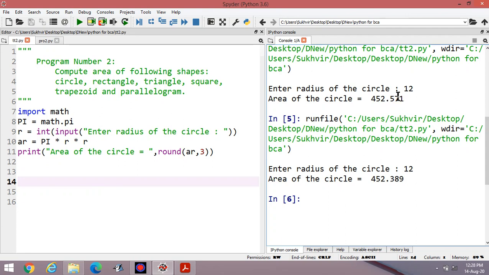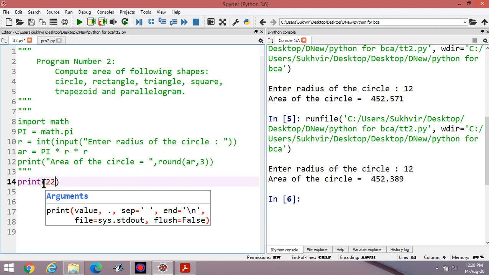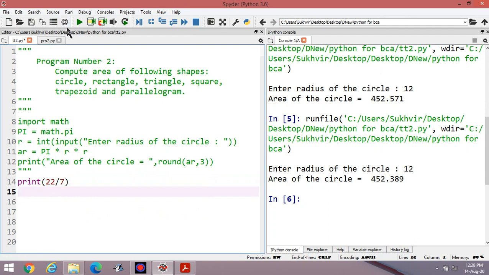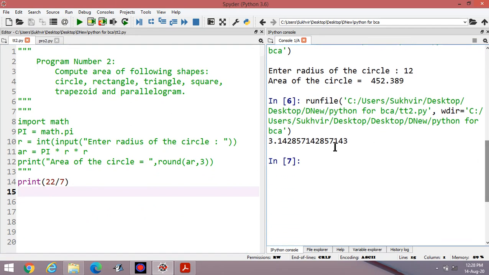Basically, what's happening here, 22 upon 7 and pi. Suppose I convert these values into comments. I am printing 22 divided by 7. Look at the answer, this value is 3.14 up to so on.